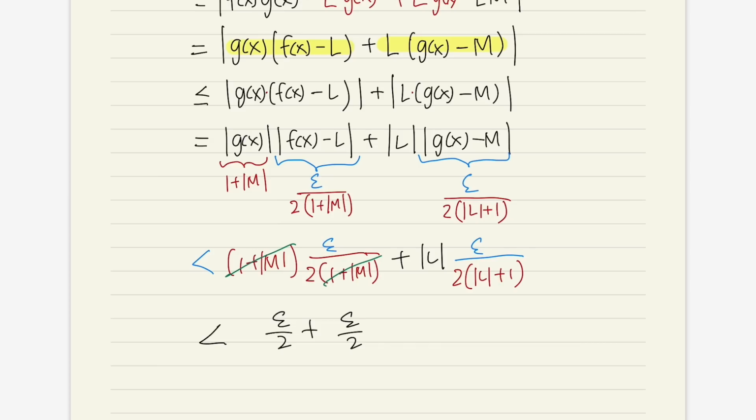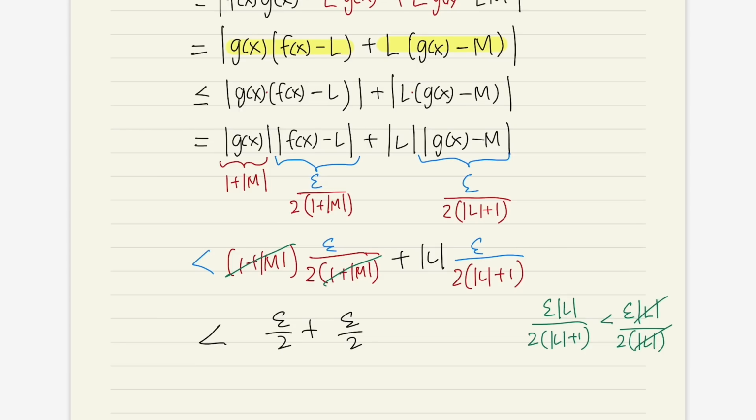If we see epsilon times absolute value of L over 2 times absolute value of L plus 1, this right here we know for sure it's going to be less than epsilon times absolute value of L over 2 times, let's just get rid of this plus 1, so we have 2 times absolute value of L, like this. And you can just think about it as like this and that cancel.